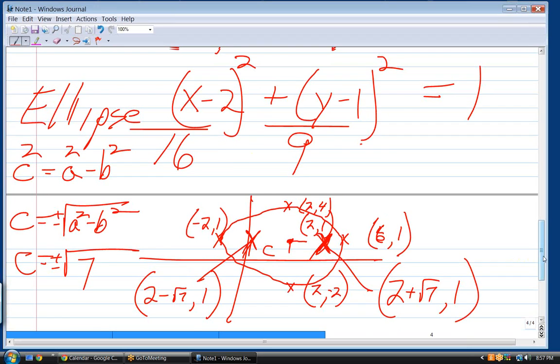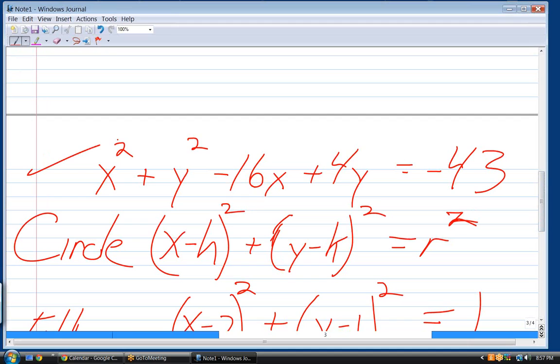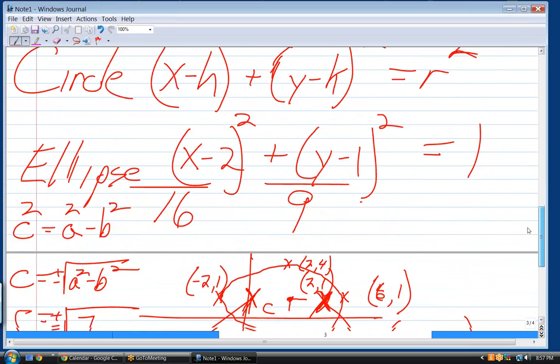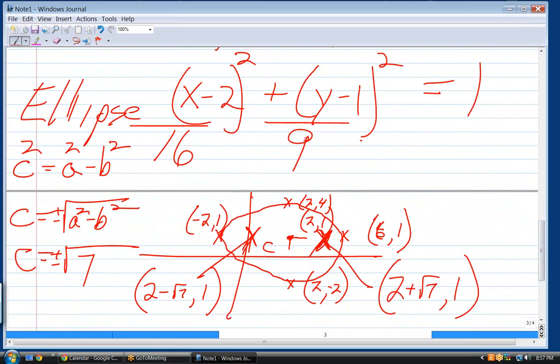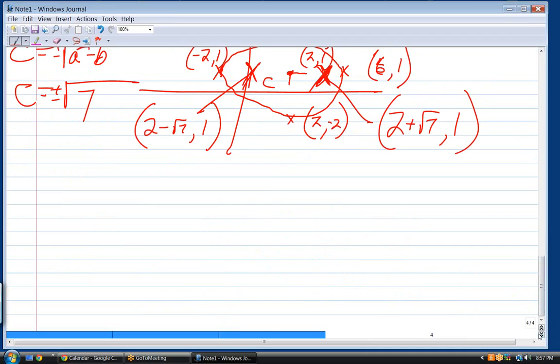And given the equation, if they give you an ellipse in this format, then you have to complete the square to get it into the general format. Once you get it into the general format, you now know what A is, you know what B is, you can calculate what C is. All right. Well, sounds good.